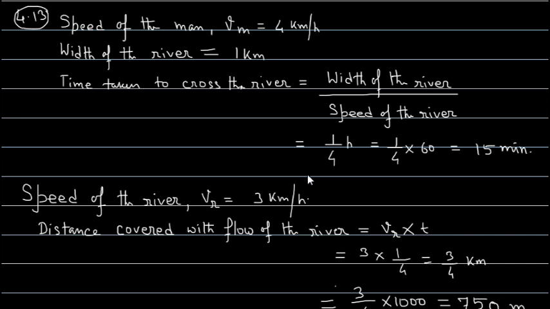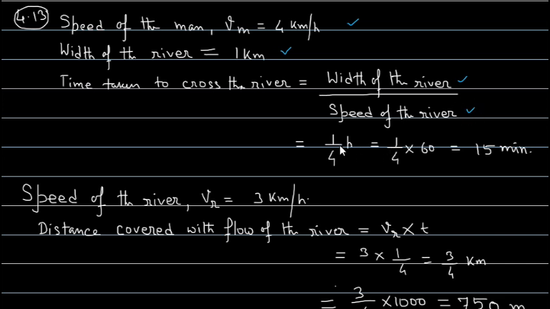Now, in this case, speed of the man Vm is equal to 4 kilometer per hour. So the first sentence is clear. Width of the river is 1 kilometer. This is also pretty simple. Time taken to cross the river is equal to distance upon speed, that is width of the river upon speed of the man.